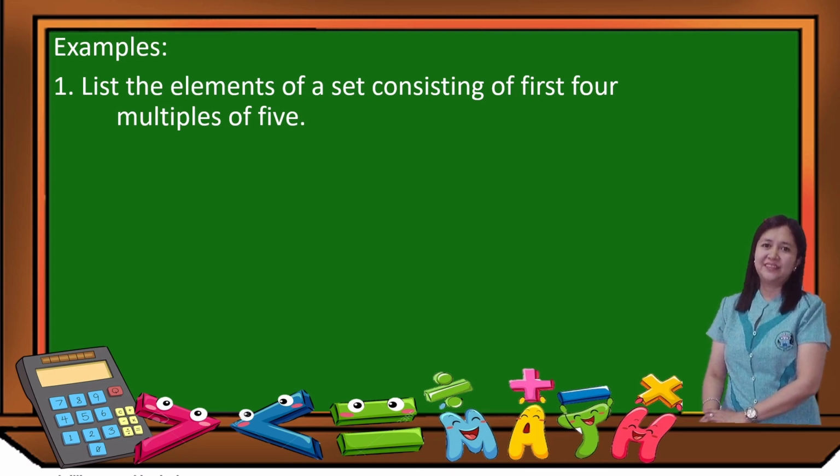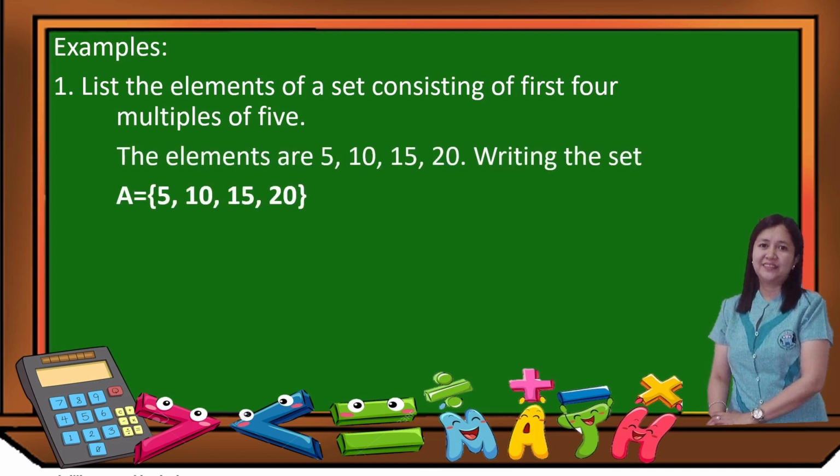Class, when we say multiples of 5, it is like having a skip counting of 5. So the elements are 5, 10, 15, 20. Since we are only looking for first four multiples of 5.